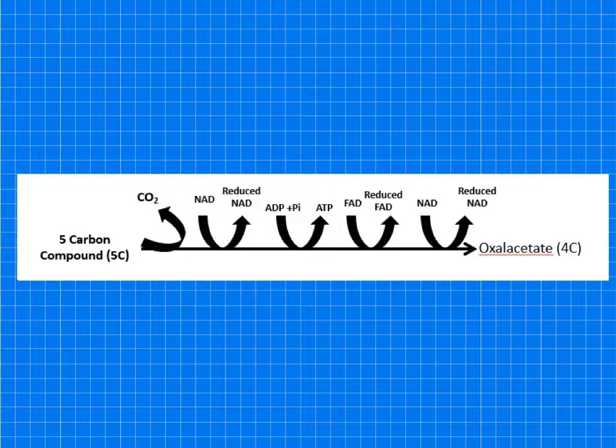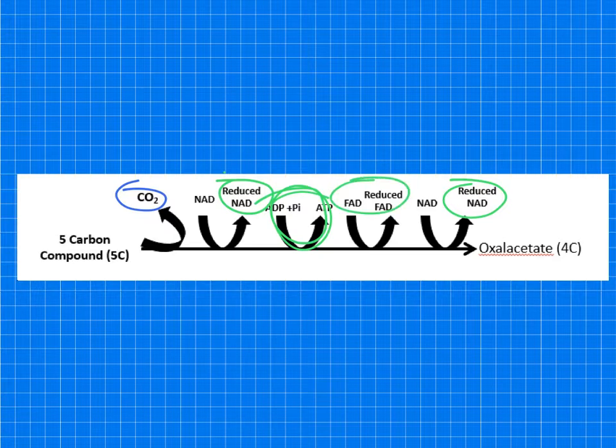You can see from the 5-carbon compound, decarboxylation, so CO2 is released, and then the dehydrogenation happens twice. There are obviously intermediate things going on here, because then you're getting substrate level phosphorylation with the production of ATP, and then this other coenzyme FAD. But the most important thing is it's regenerating oxaloacetate.